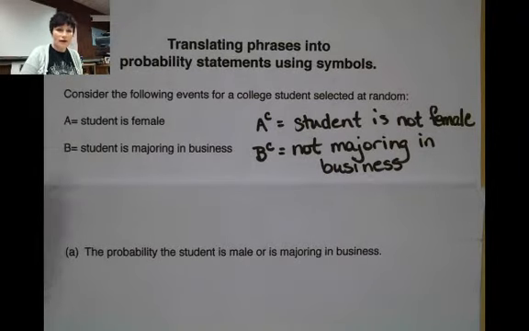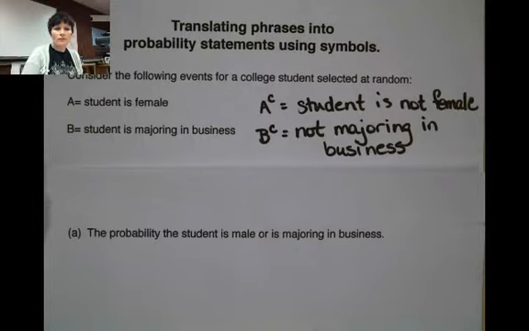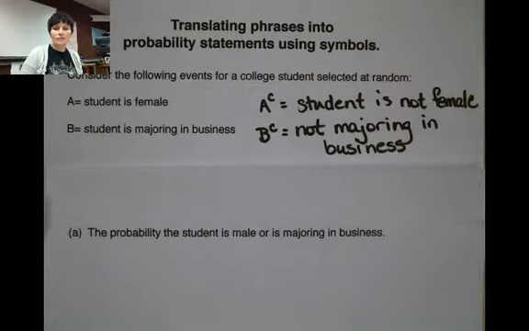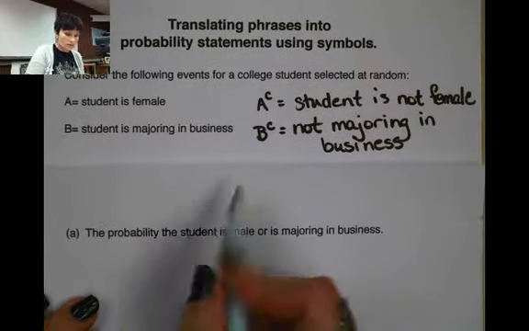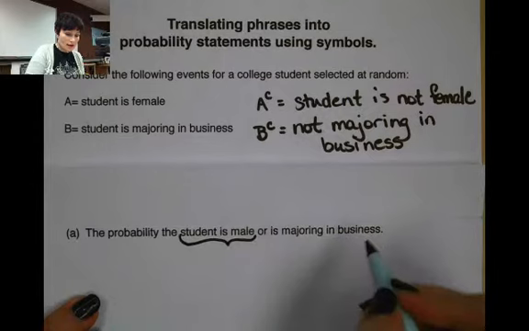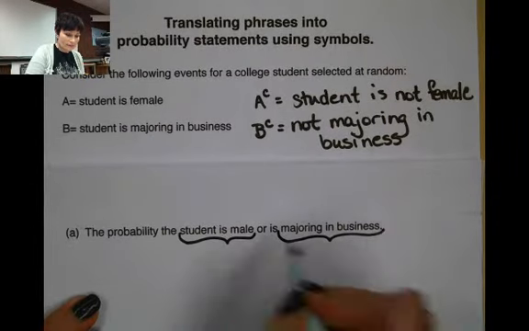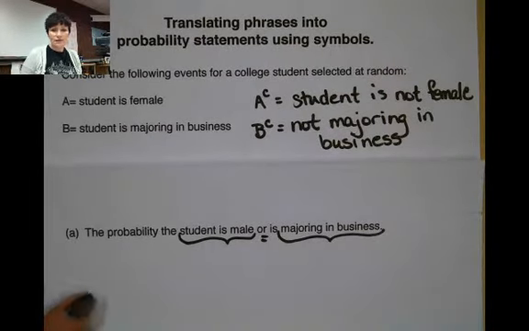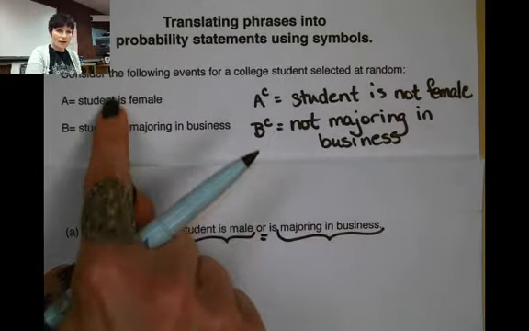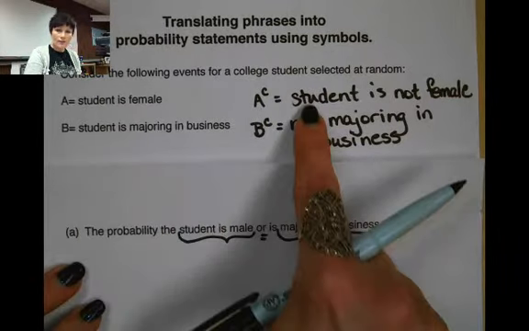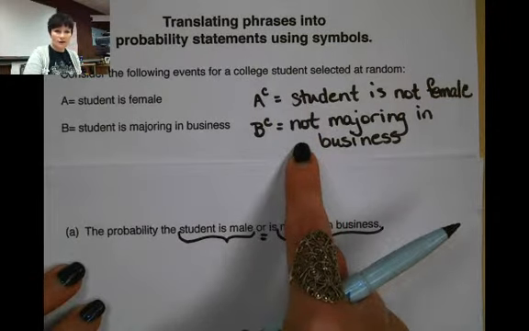In this phrase we have the probability that the student is male or is majoring in business. Both of these events, the student is male and majoring in business, could be happening at the same time, either or. If the student is male, we have to determine, is it event A or B, or the complement of event A or B?